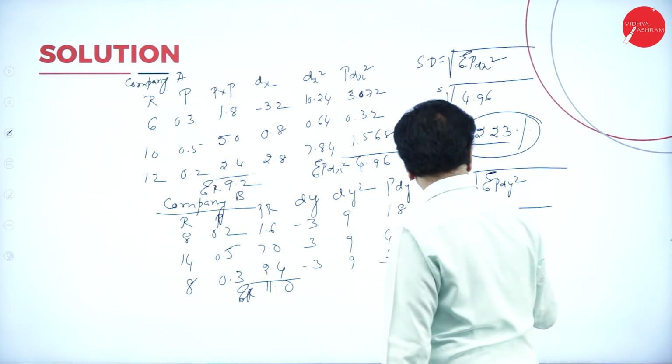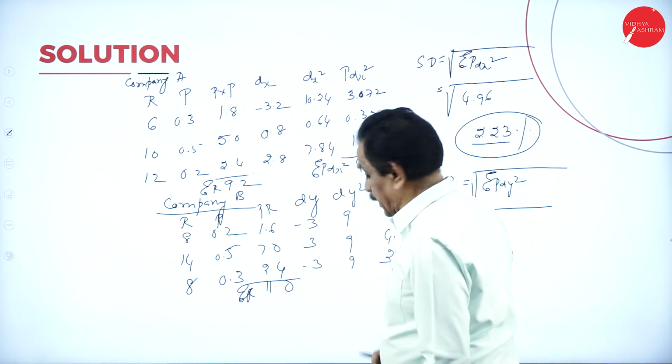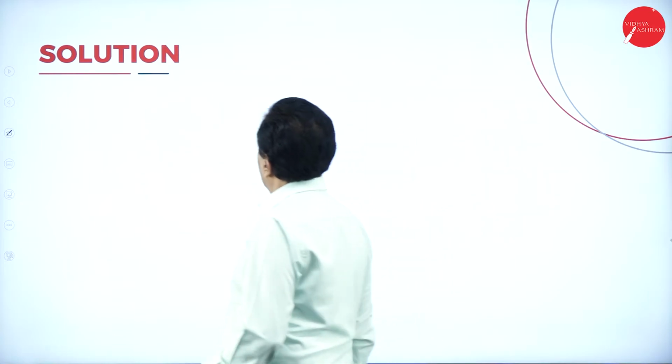Now that we have found the standard deviation and the mean, we find the covariance.